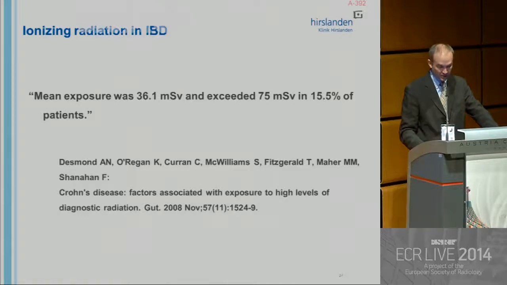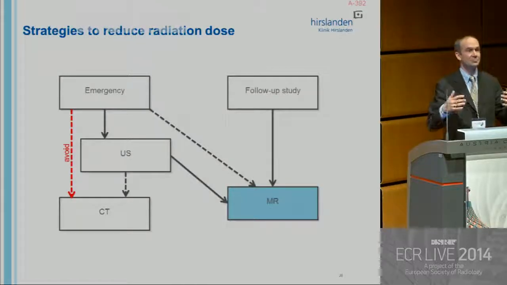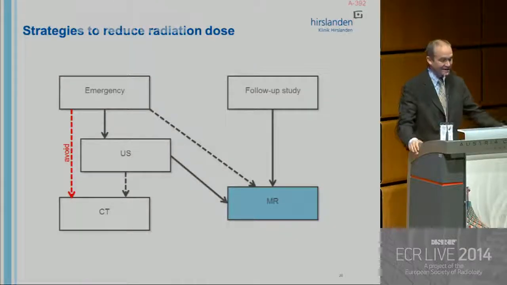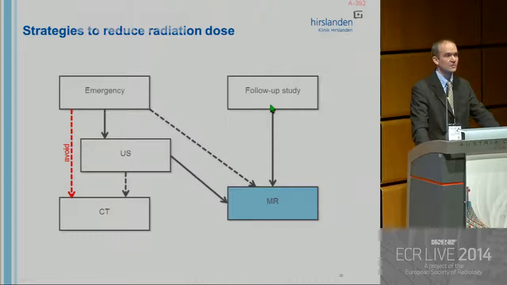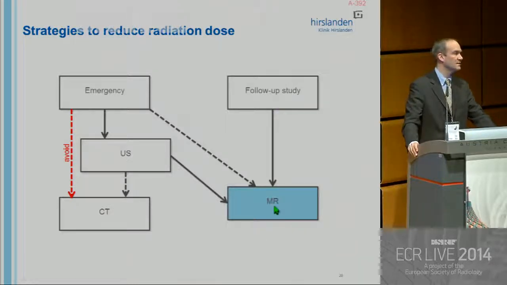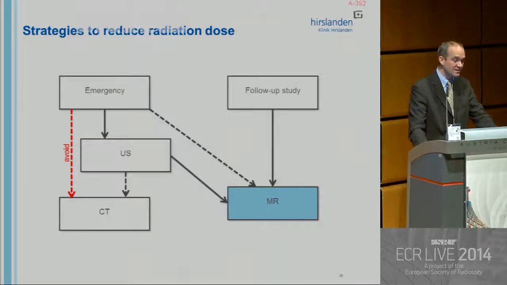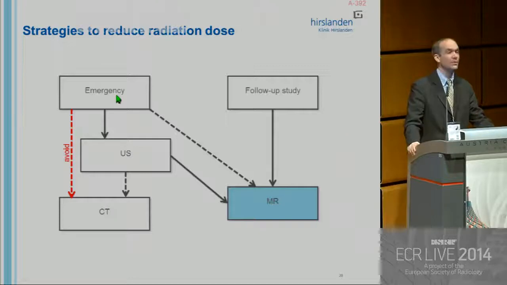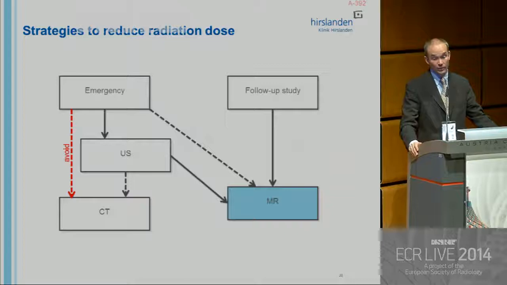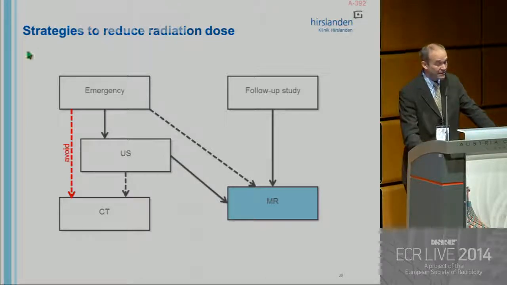So whenever possible, and this is my personal idea of how to try to reduce this: if there's a follow-up study, there shouldn't be much discussion that whenever possible, you try to find a slot in MR. When there's an emergency, when the patient comes through the emergency room, or is somewhere in the ward, then try to find out how bad it is with ultrasound.